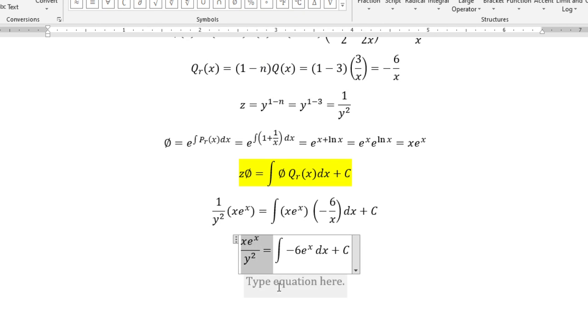Copy itong side na to. And then, integrating will be negative 6. Integral of e raised to x dx will be e raised to x pa rin. So, plus c.